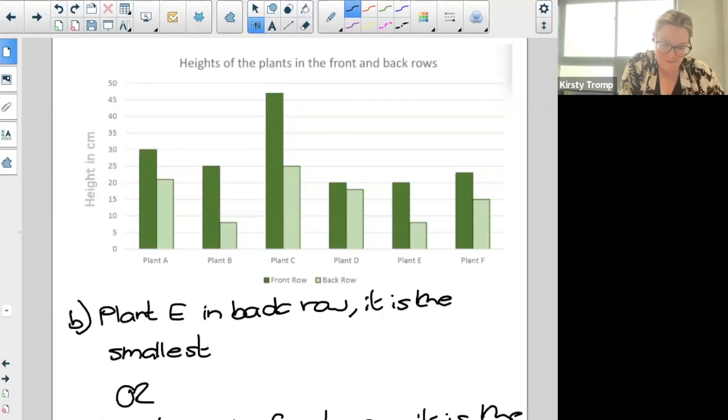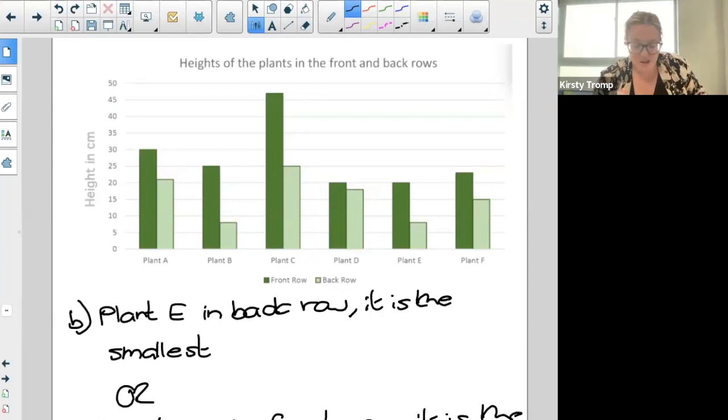Does the sun make them grow bigger or smaller? Does it have an effect? Looking at this graph, all the plants in the front row grew a lot faster, bigger. Do you agree? Yes, ma'am.